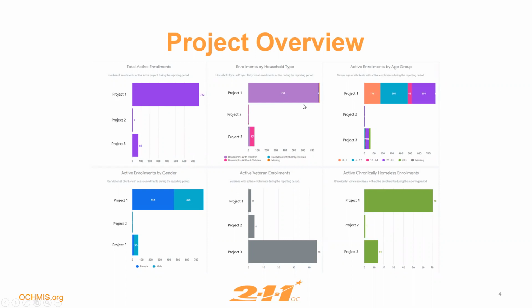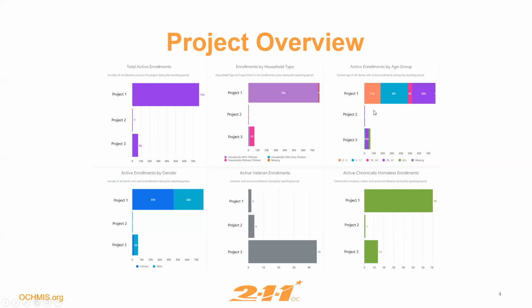So each bar in these charts represents a different project. So the first chart is looking at how many active enrollments were there during the reporting period. The second is looking at the breakdown of those clients by household type. So you can see households with children, without children, with only children, or missing.